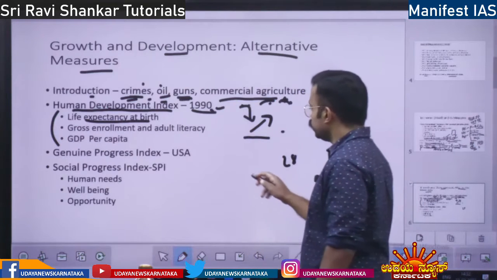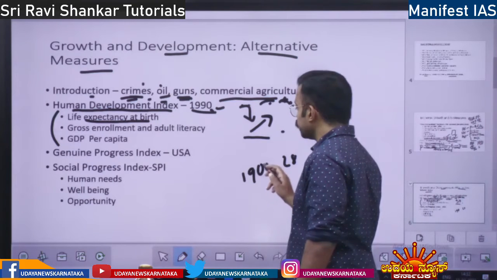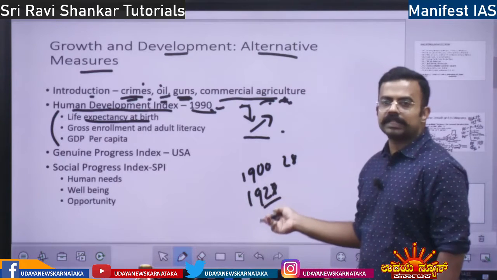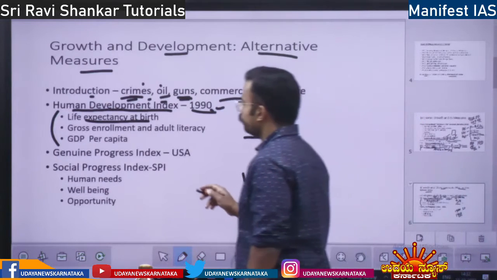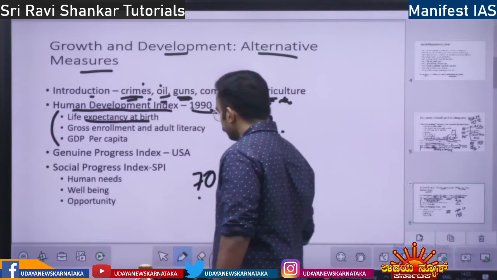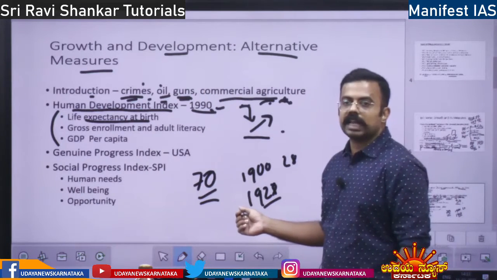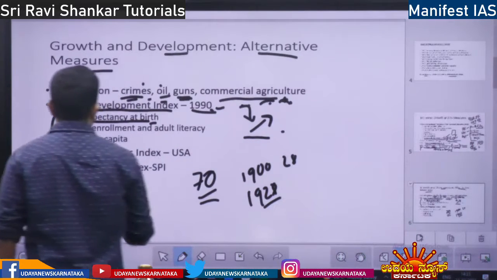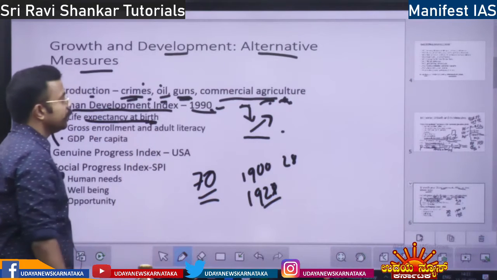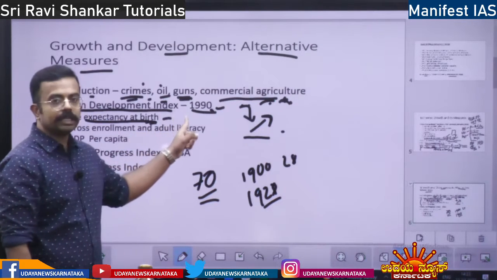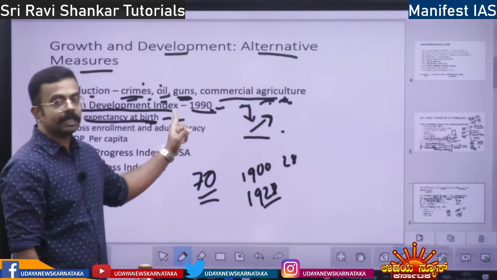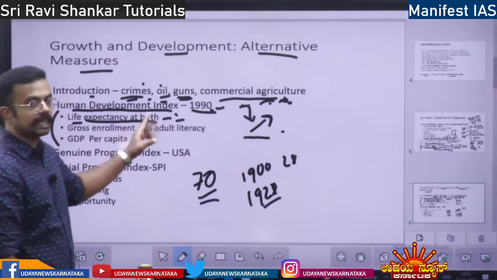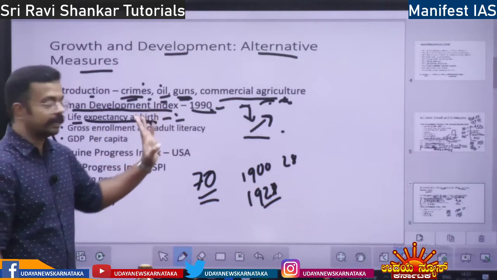If a person was born in 1900, on average he would be dead by 1928, because of diseases, wars, famines, so many other things. But today, the life expectancy has increased up to 70 years. Life expectancy is at birth. This shows good nutrition and good health care. Based on these two things, life expectancy can be decided.